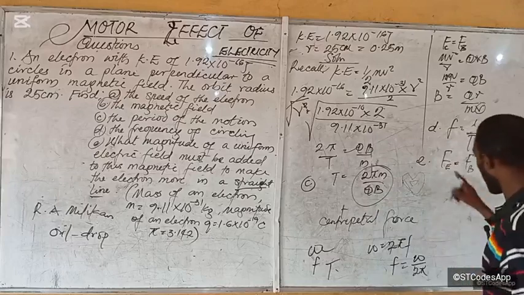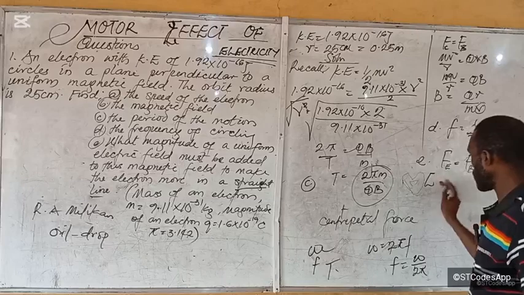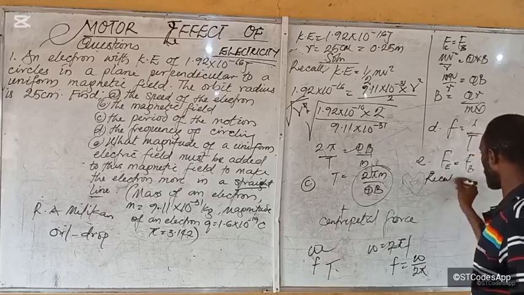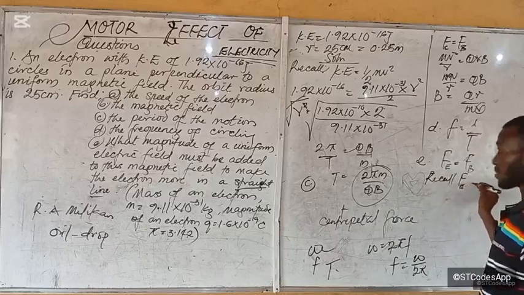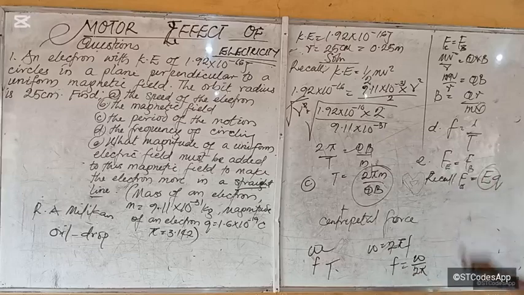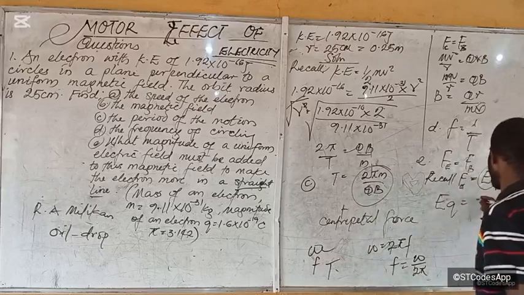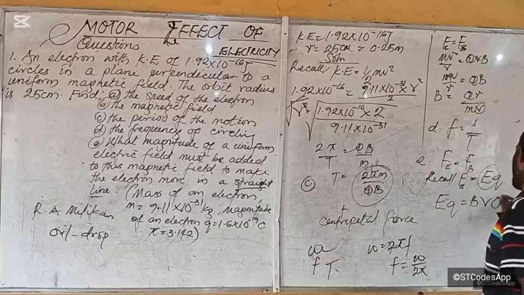And remember this formula, that F sub E, the electric force, is equal to EQ, the product of the electric field intensity times the charge. So EQ will be equal to the magnetic force, which is BVQ.